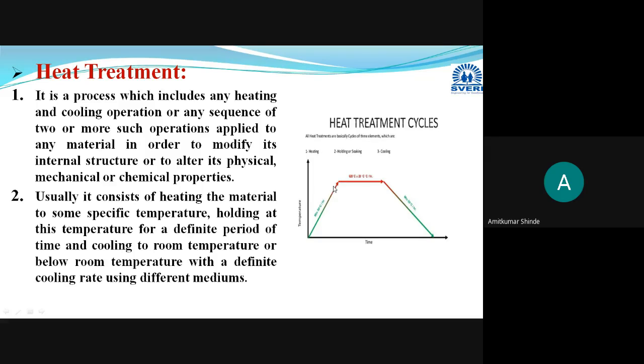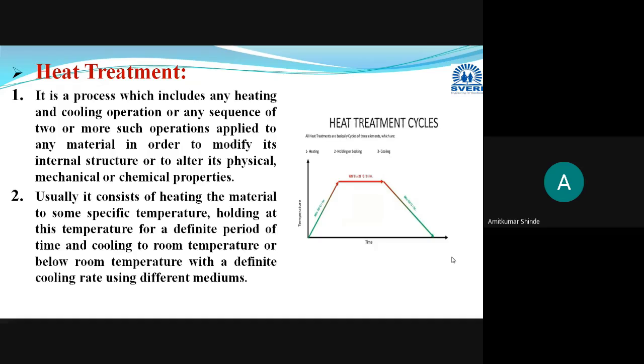We initially heat the material to some specific temperature, then hold at that temperature for some specific period of time, and after that we cool it. You can cool it up to room temperature or below room temperature also, depending on the type of steel and on the property changes you require. So this is the general heat treatment cycle. It consists of the heating cycle, then holding time or soaking time, and the cooling time.